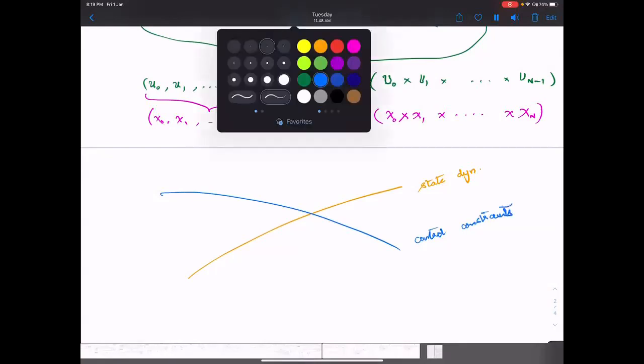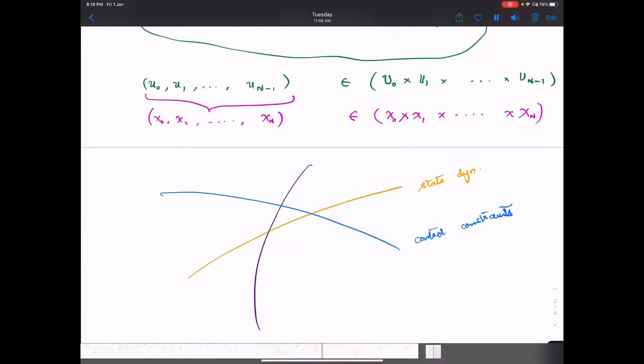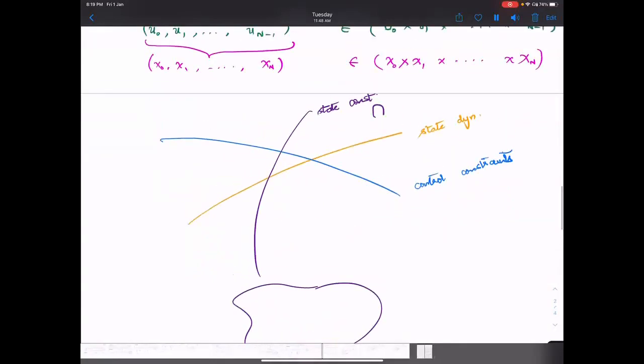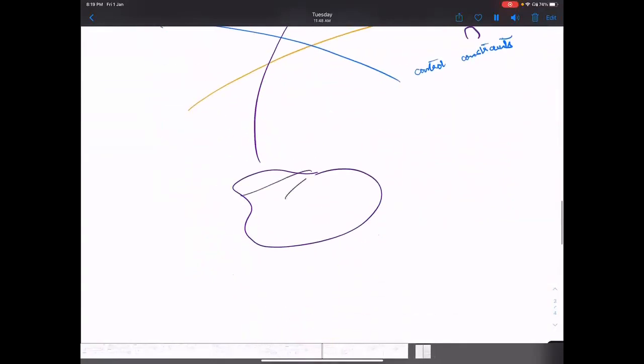Then further, you have state constraints, etc. So now what you need to look at is the intersection of these sets. So the intersection of this and this will give you the admissible region where you want to find your minimum. It is the minimum of the cost function. That is, you wish to work on that u naught to un minus 1.